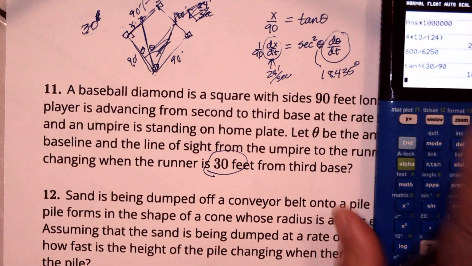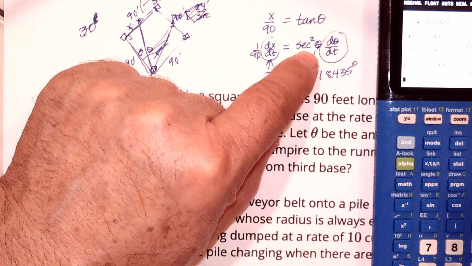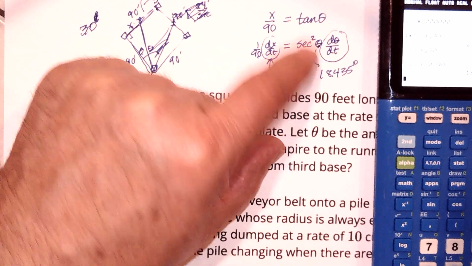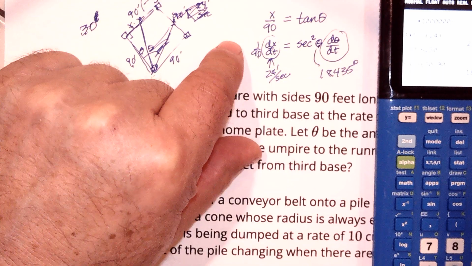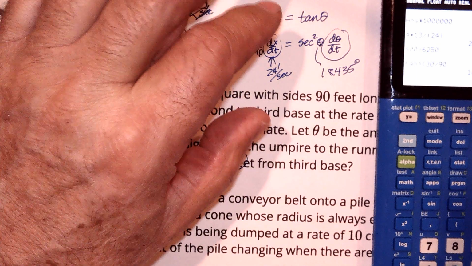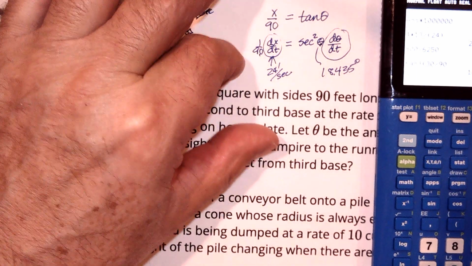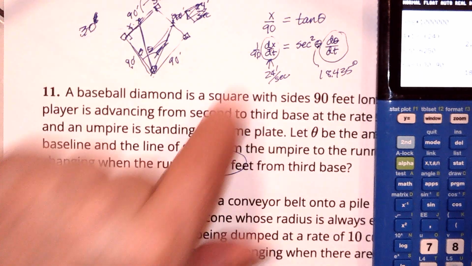So if we do the secant squared, or 1 over the cosine squared, and then multiply both sides by 1 over secant squared, which is the cosine squared, we'll get what the angle is changing at.